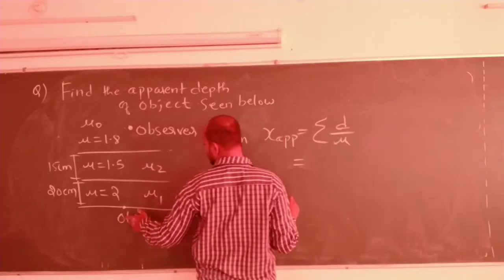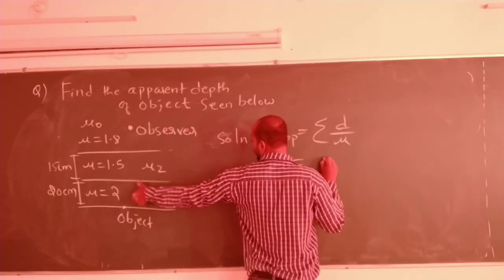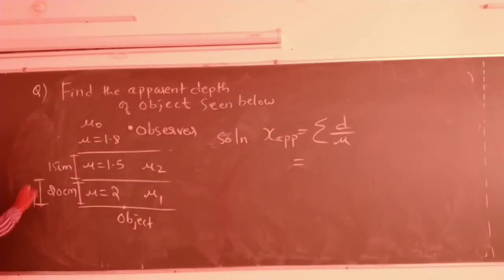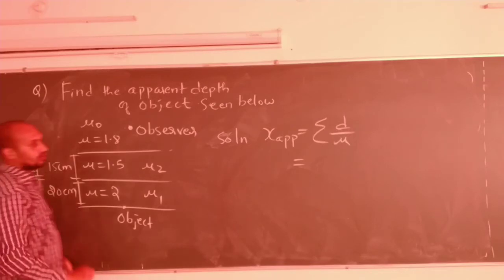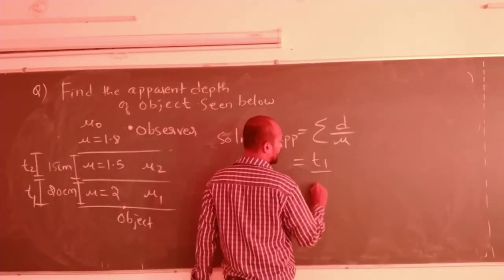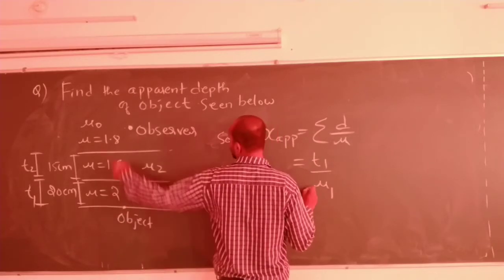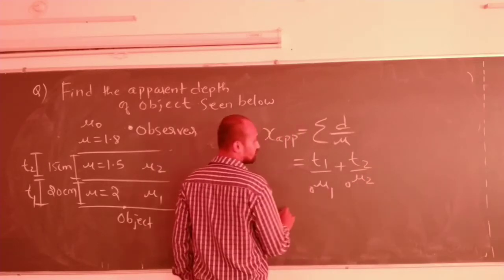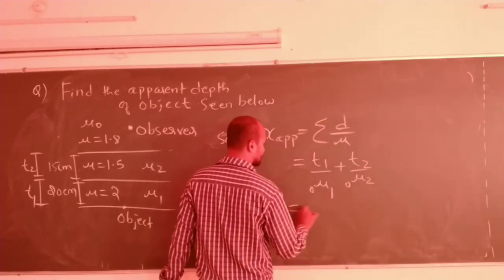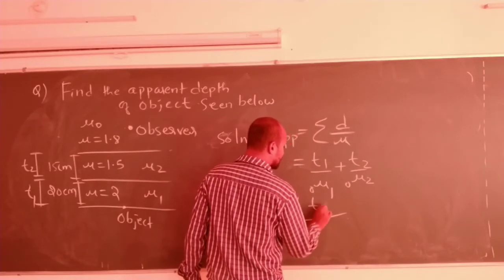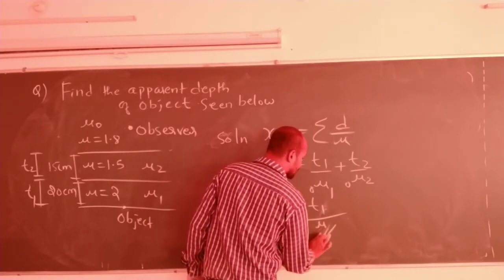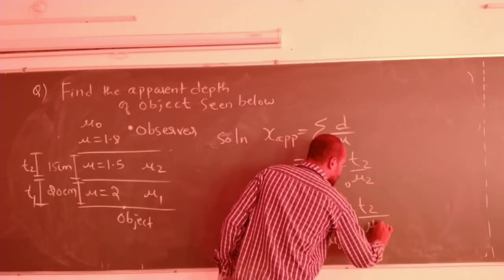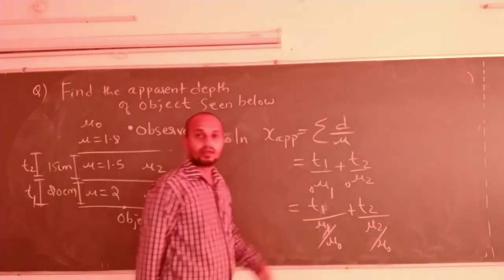If I consider this distance as T1, this distance as T2, I can write T1 divided by mu1 with respect to this medium plus T2 divided by mu2 with respect to this medium. Or you can write this formula as T1 divided by mu1 by mu0 plus T2 divided by mu2 by mu0. This will be the case.